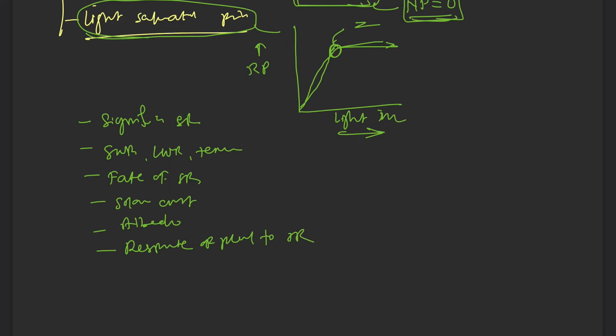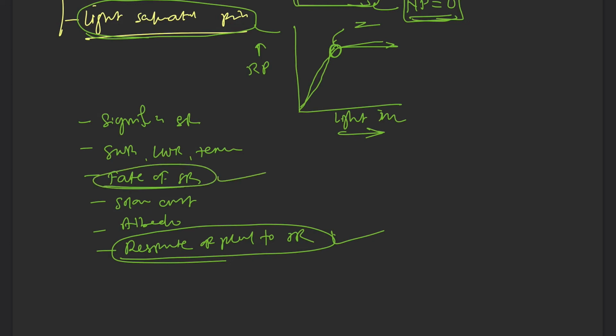From exam perspective, if you are appearing for semester exam, then this response of plants to solar radiation is important. It may be asked as a long question. Then fate of solar radiation you can find as a long question.